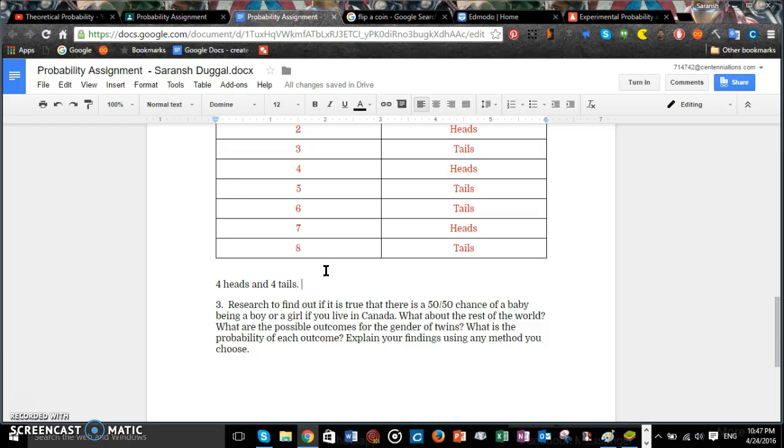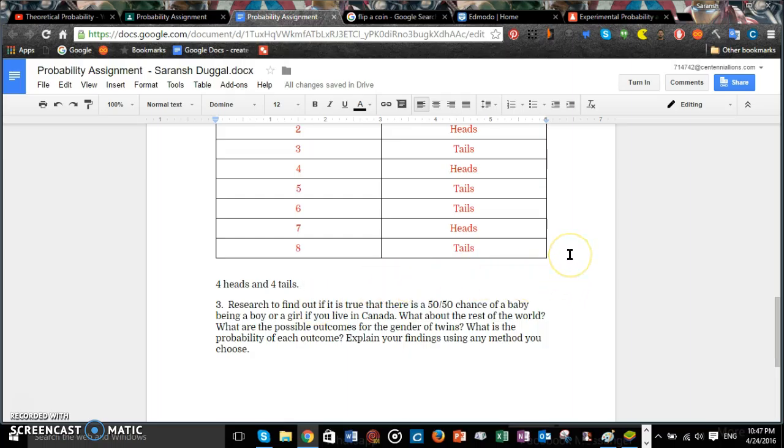This cannot or doesn't happen all the time. It's very rare and coincidental to have the theoretical and the experimental probability be the same. So, according to the trials we did right now, we would be getting 4 heads and 4 tails.